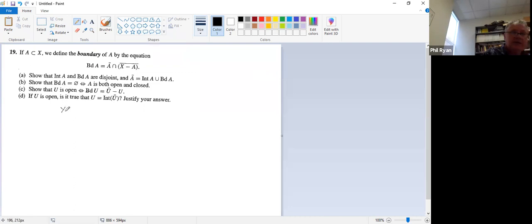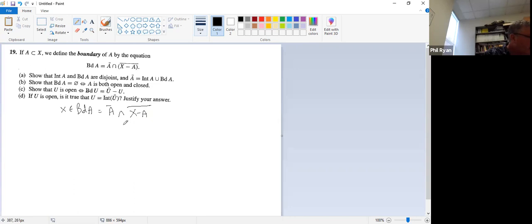So if x is in the boundary of A, which we define to be the intersection between the closure of A and the closure of the complement of A, that means x is in both the closure of A and in the closure of the complement.